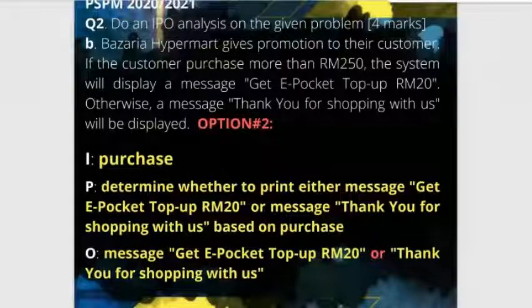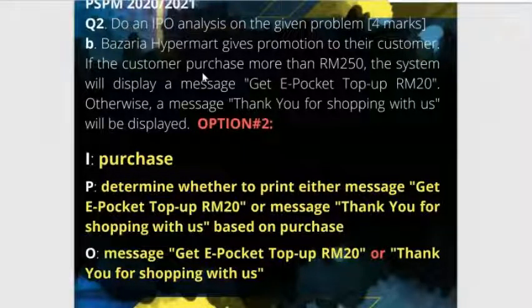So the input here is you can choose purchase. Okay, you can see here customer purchase. You can use a variable name like amount of purchase. Okay, both are acceptable, but be careful when you do the process.